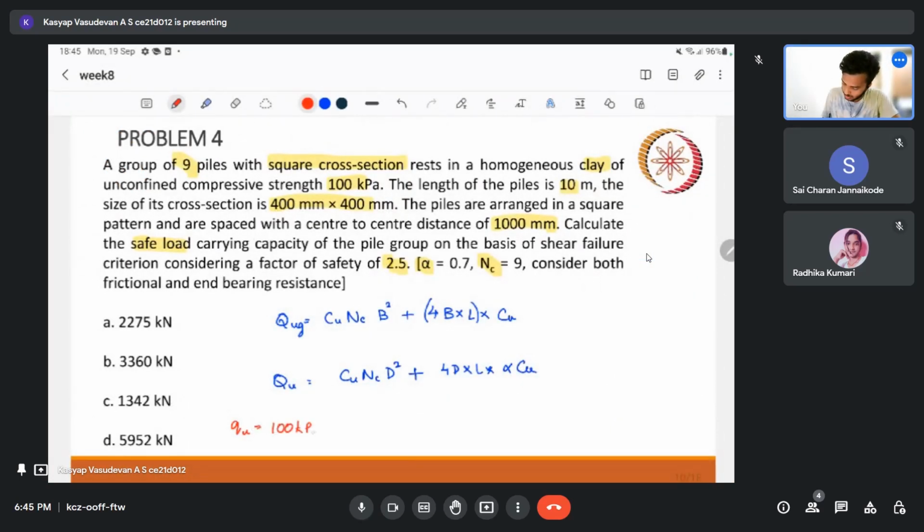That is our UCS, that is unconfined compressive strength, which is the result that we get from the unconfined compressive strength test. So that is Qu, and so our Cu is nothing but Qu by 2, that is 100 by 2, that is 50 kPa. So let's jump into it.